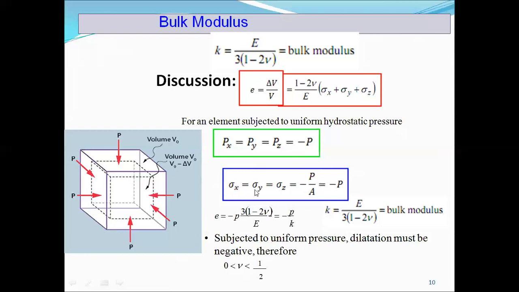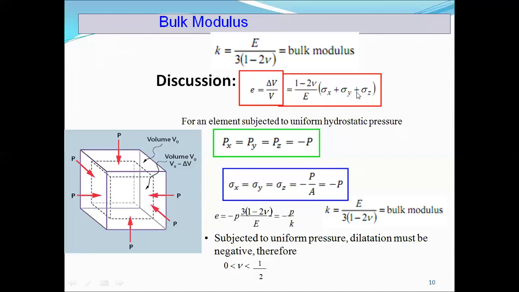In this case, sigma x, sigma y, sigma z would be equal to minus P by A, and it is a unit cube, so the area over which this load is applied is 1. Minus P by 1 is minus P. So sigma x, sigma y, sigma z is equal to minus P. Putting minus P for sigma x, sigma y, and sigma z in this equation, these three would add and we would get minus 3P.